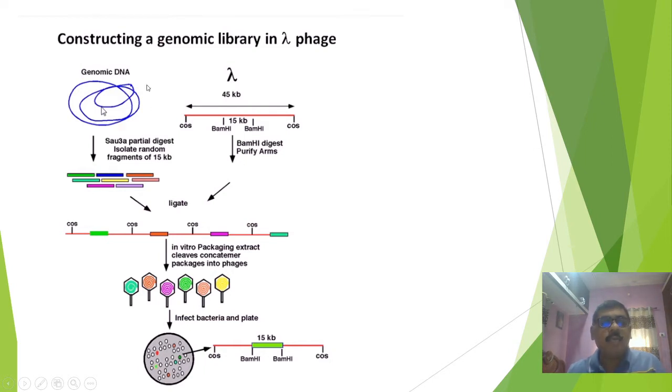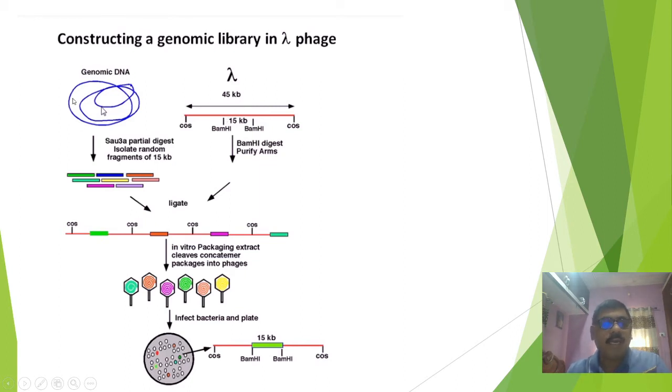So we isolate the genomic DNA from the virus and cut it with the help of the enzyme BamHI. Out of 45 kb, you cut out the 15 kb molecule, and we insert another 15 kb molecule here, in replacement of this 15 kb molecule.